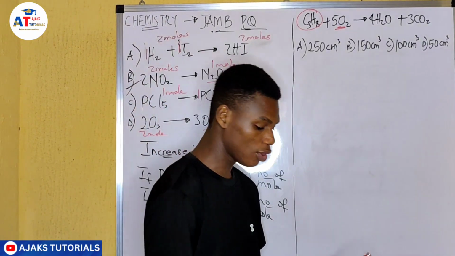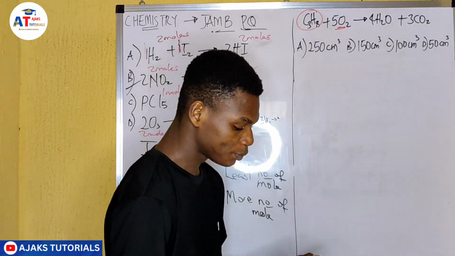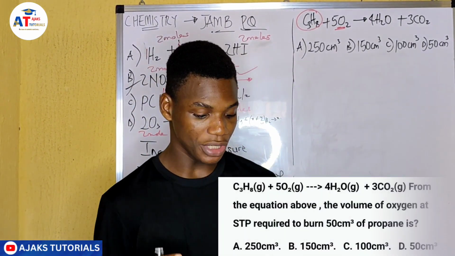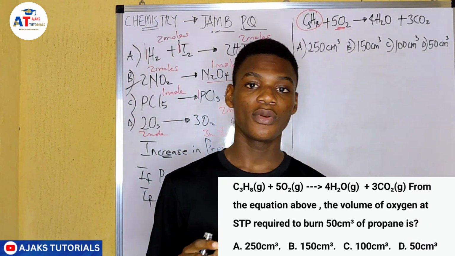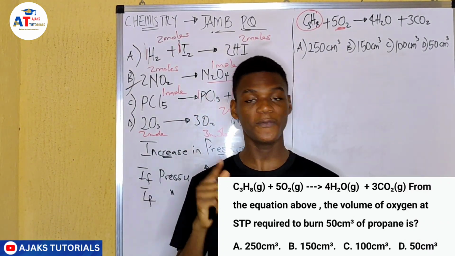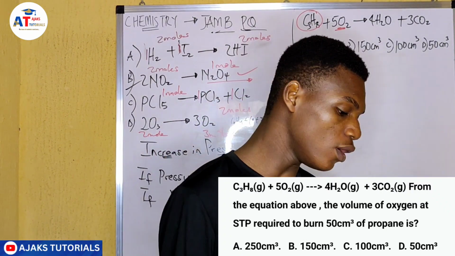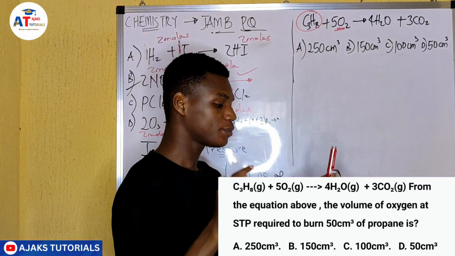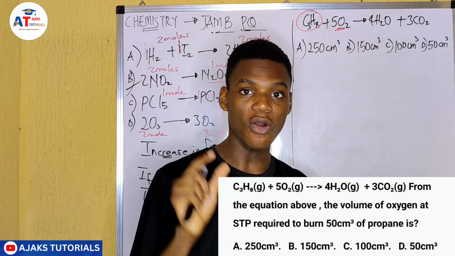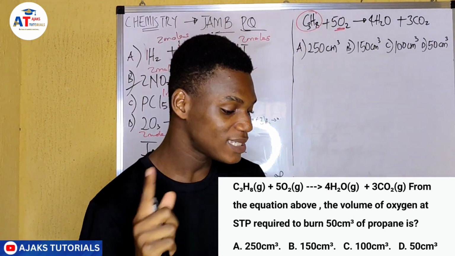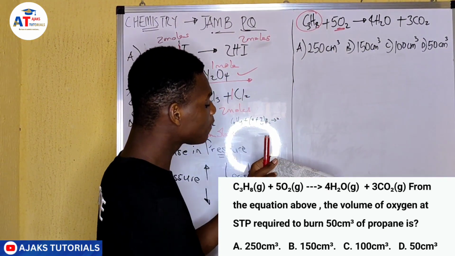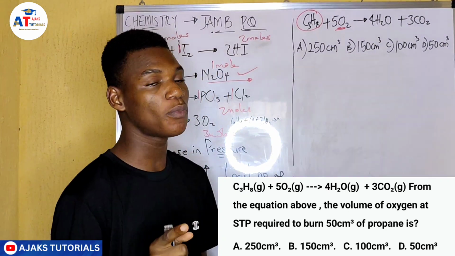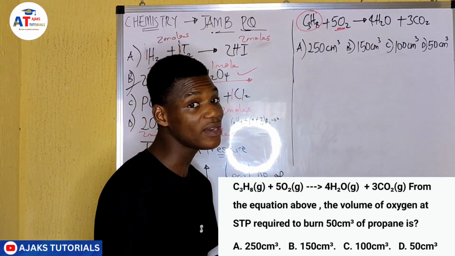To the next question. Alright, so it's going to appear on your screen now. It says C3H8 plus 5O2 to give 4H2O and 3CO2. From the equation above, the volume of oxygen at STP required to burn 50 centimeter cube of propane is, so it's very, very simple actually.